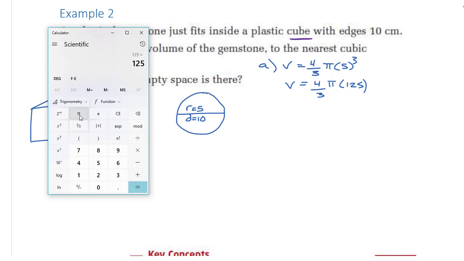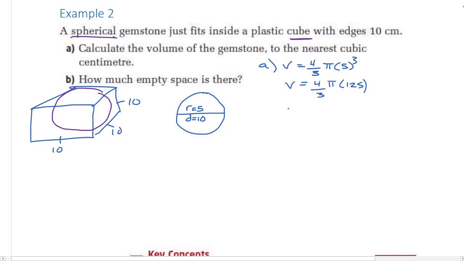Then I'm going to hit times pi equals, times it by 4 equals, and then divide it by 3. So I got 523.6 approximately. So the volume is approximately 523.6 centimeters cubed. That's how much the sphere takes up, the volume inside of it.